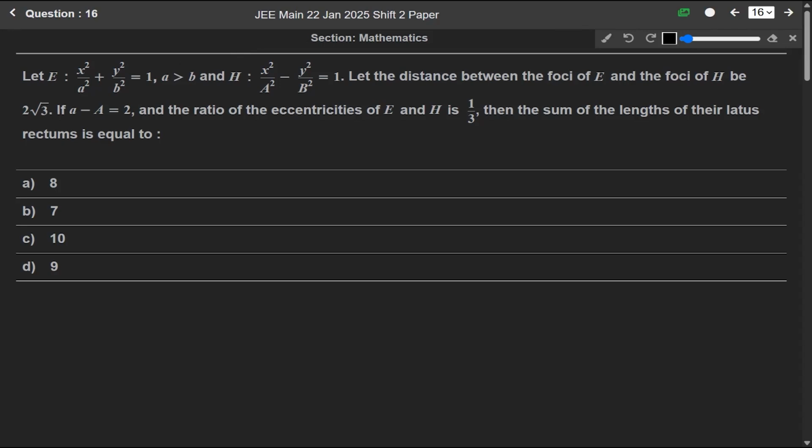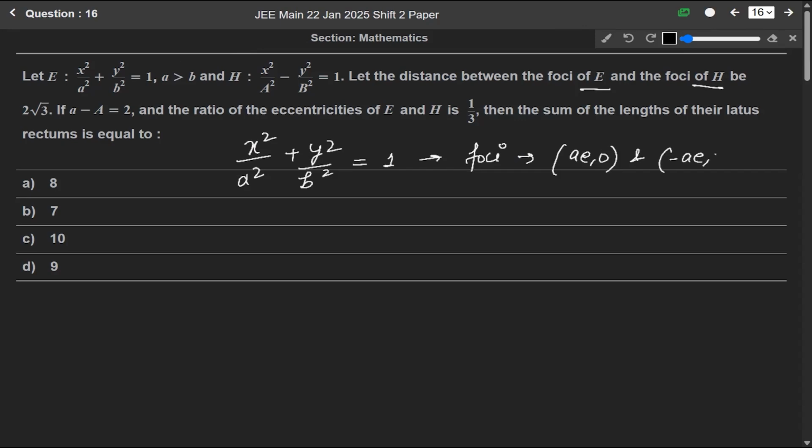Okay. So we are given x square over a square plus y square over b square equals 1. And it is saying that the distance between foci of E and foci of H is 2 root 3. So for this, we can write, let us say, foci of this will be (ae, 0) and (minus ae, 0).